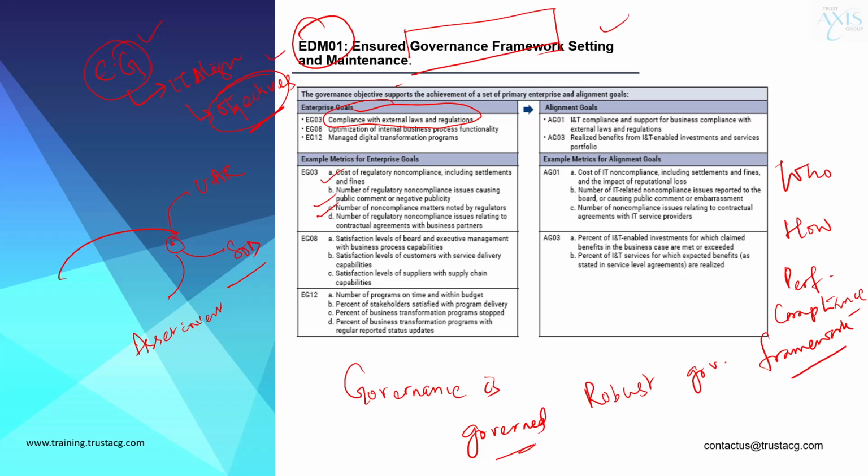Now, what is the second goal that you should be targeting when you are dealing with this particular governance objective? The second one is related to the optimization of internal business process functionality.